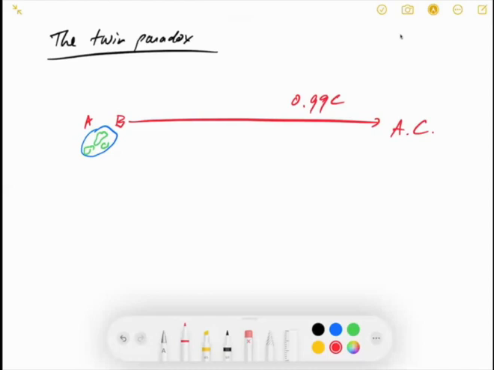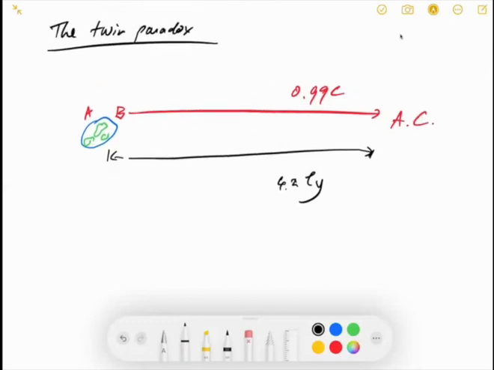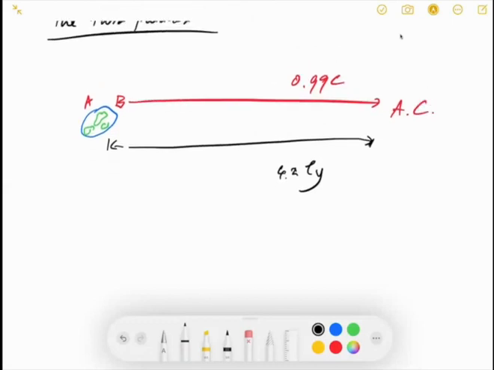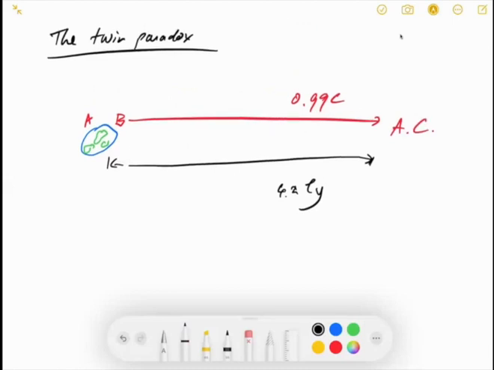And let's say we call this distance, I believe it's 4.2 light years. So the question is, twin B goes to Alpha Centauri and then decides that it's kind of a boring place and just turns around and heads back.